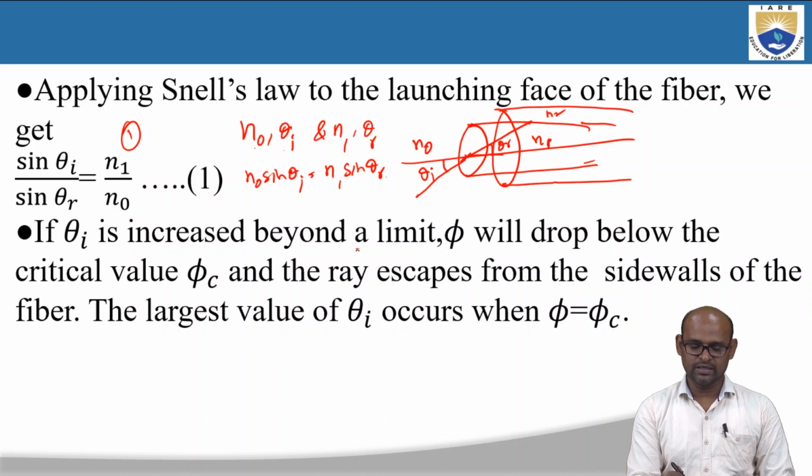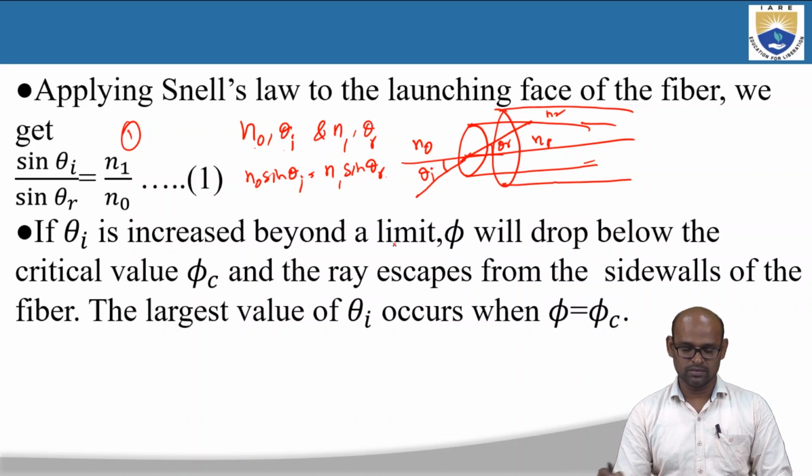If theta I is increased beyond a certain limit, phi will drop below phi c and light will escape into the cladding.